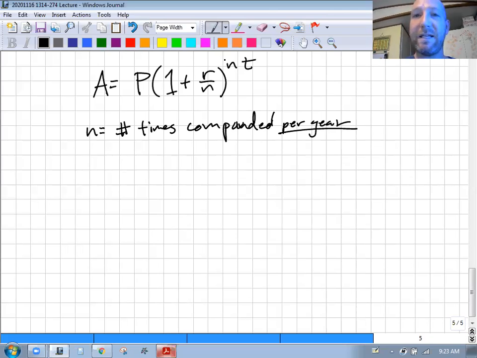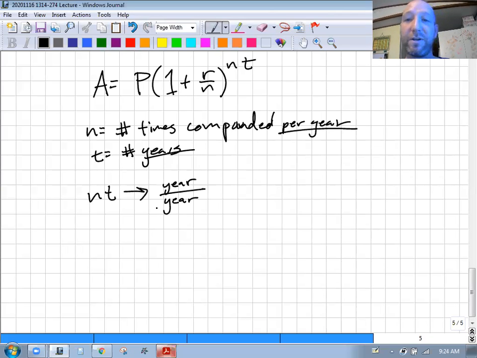And then T is number of years. So that NT, the units, the N is per year, that's year on the bottom, and time is year on the top as far as just the units, and they go away. So NT is just a pure number without units. It's a dimensionless number, right?